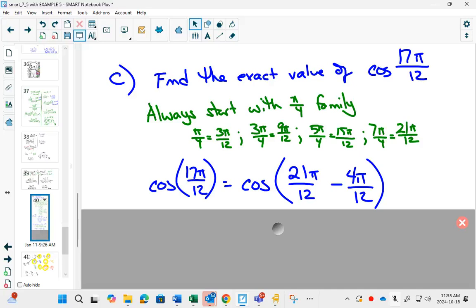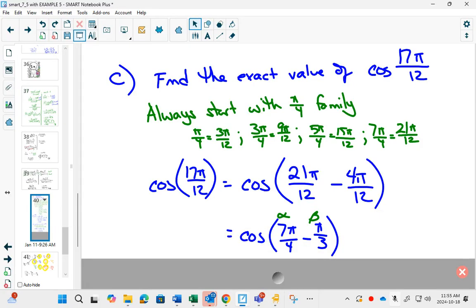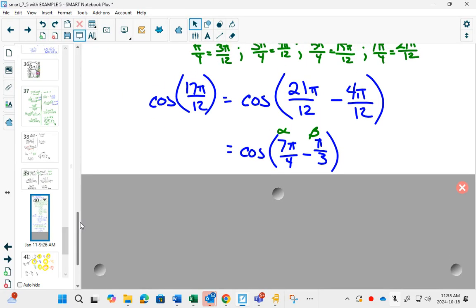Then I like to write it out with the 12s, then I like to reduce it to find out what's on my pie plate. And the first one's your alpha, and the second one is your beta. Then you go to your cos alpha plus beta, alpha minus beta formula.